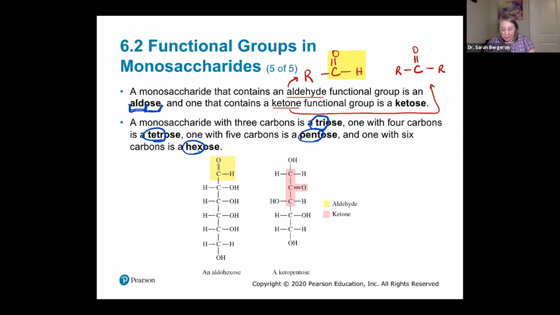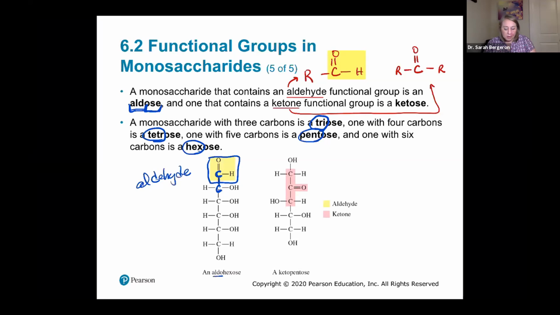Okay, so if you look at our first molecule here, what we have is a carbon here. And that carbon is attached to only one other alkyl group. So if it's only one other alkyl group, that's an aldehyde. If it's an aldehyde, we call it an aldo.